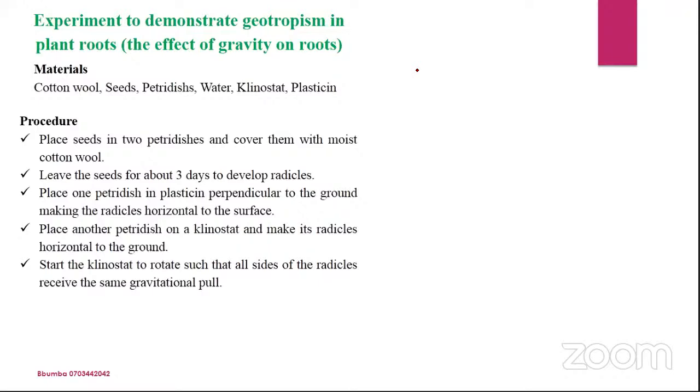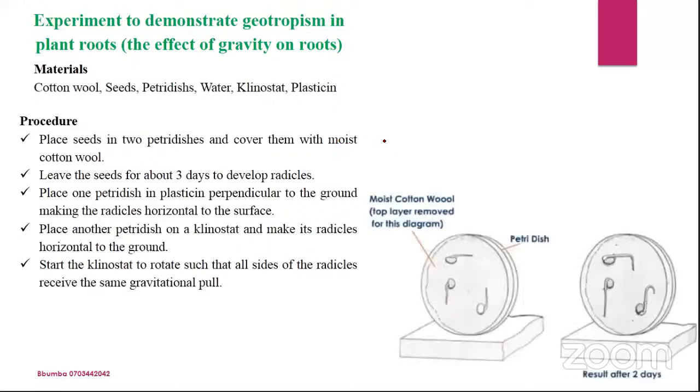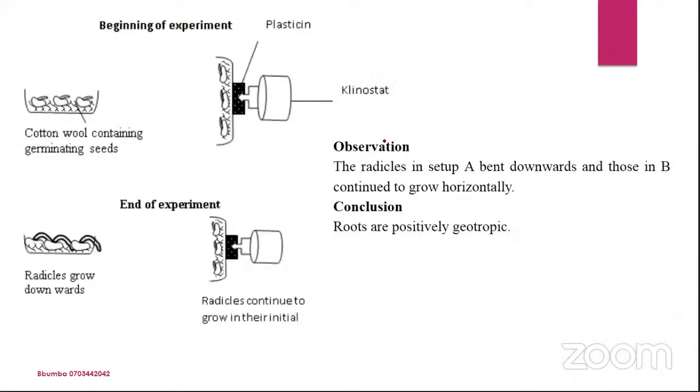Just make sure you pay attention. Always follow what we have been doing. We are doing coordination. So we went on to also look at that experiment. This experiment was testing geotropism in plant roots.